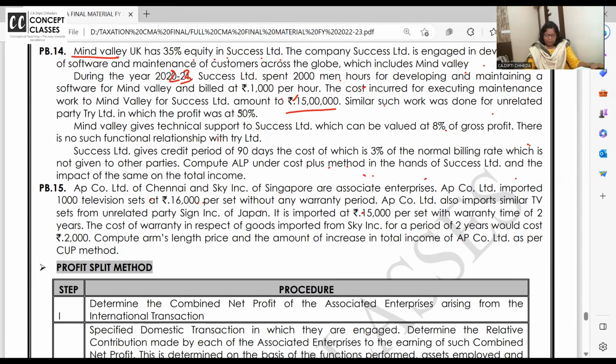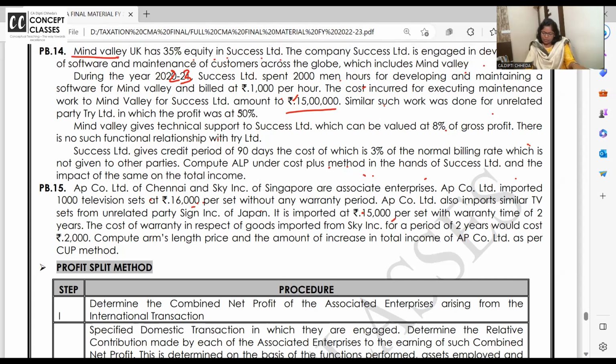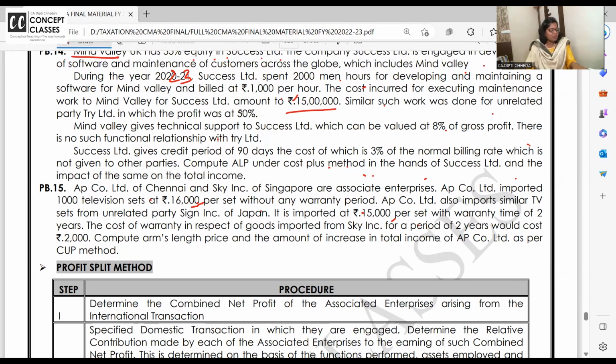APCO also imported similar set from unrelated party Japan से, that they imported at 15,000. दूसरों से 15,000 में import किए, यहाँ 16,000 में किए with a warranty time of 2 years. और वो तो 15,000 में और warranty भी है. Okay. The cost of warranty in respect of the Sky for a period of 2 years would cost 2,000.